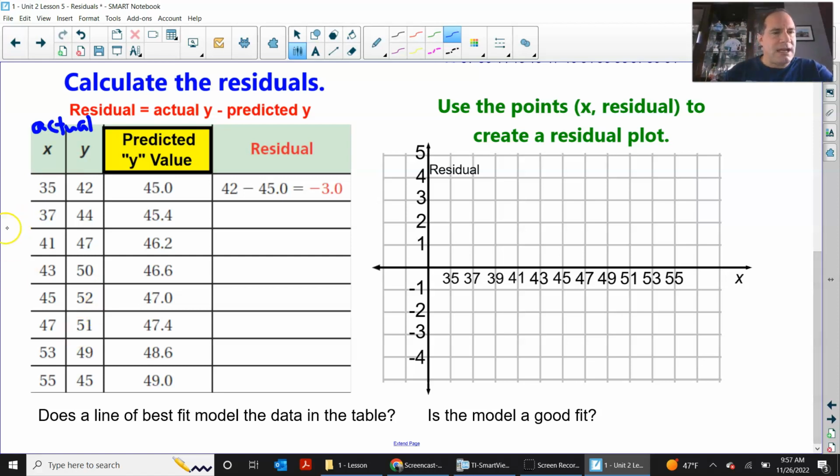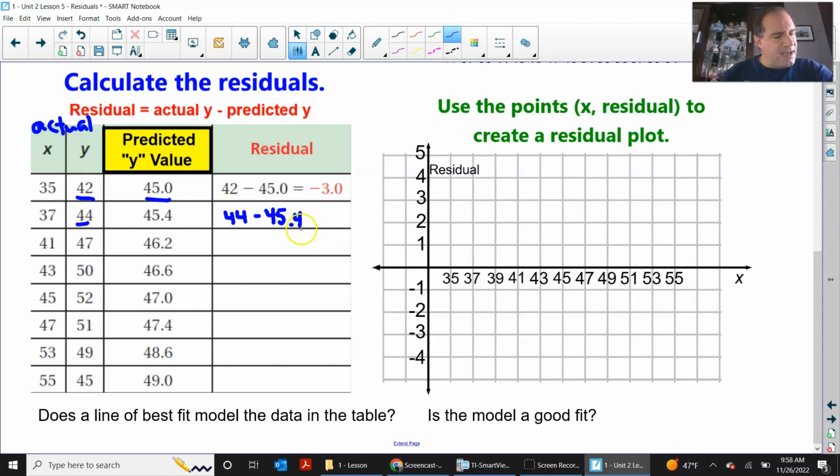So let's go ahead and do that. We took the 42, the actual Y, subtracted the predicted Y from it, and we got a -3. This is showing how far the actual and predicted values are from each other. So we have a 44. We're going to put the 44 down minus 45.4.